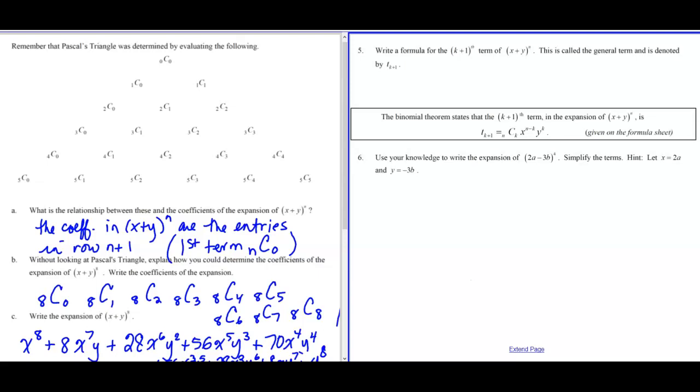Okay, so write a formula for the k plus 1 term of (x + y)^n. This is called the general term and it's denoted by t sub k plus 1. Okay, so it kind of gives it away, but whatever. Let's go through it ourselves. So that's n. So we'll have nC.